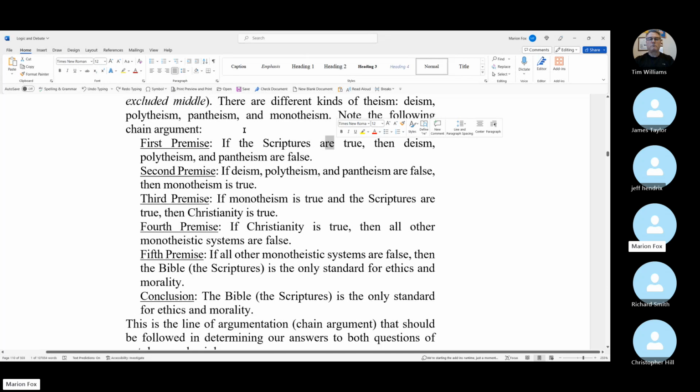You can't have an infallible book without an infallible writer of the book or source of the book. So the scriptures themselves tell us that deism, polytheism, and pantheism are false because they teach that. The infallible scriptures teach that. So monotheism is true. There's just one God.